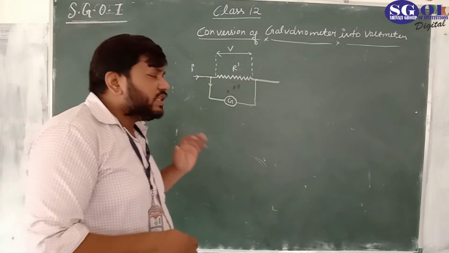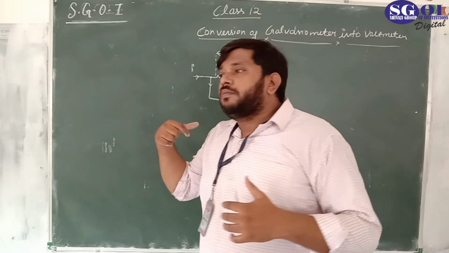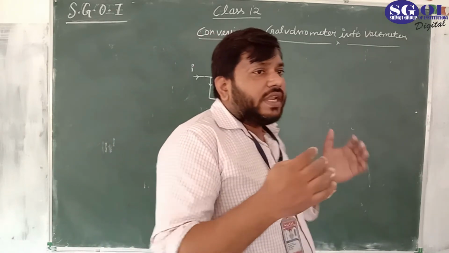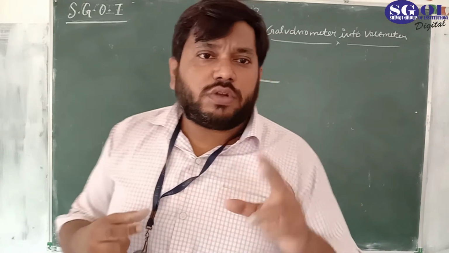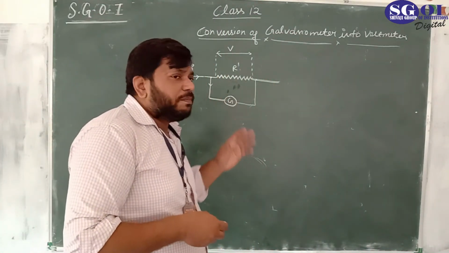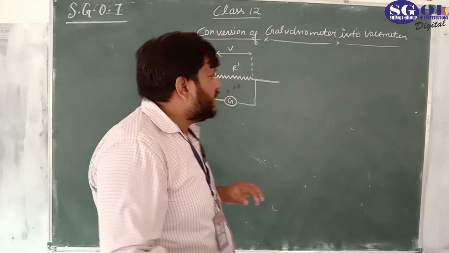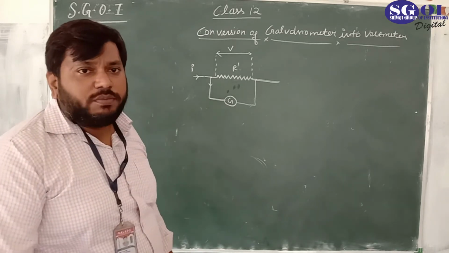And for increasing the resistance, we have just seen by two examples, 3 ohm and 2 ohm. If we connect two resistances in series, the resistance of the path increases, and if resistance increases, the current decreases. So we have to place a resistance in series with the galvanometer.